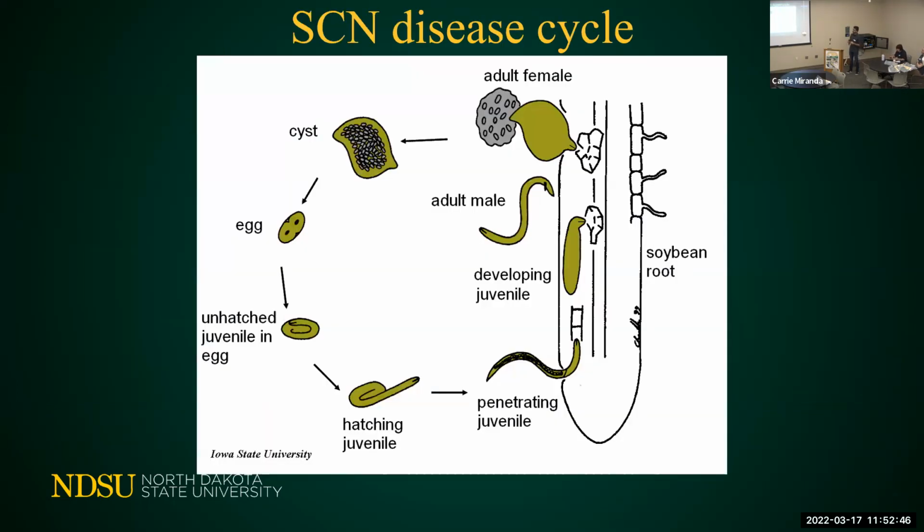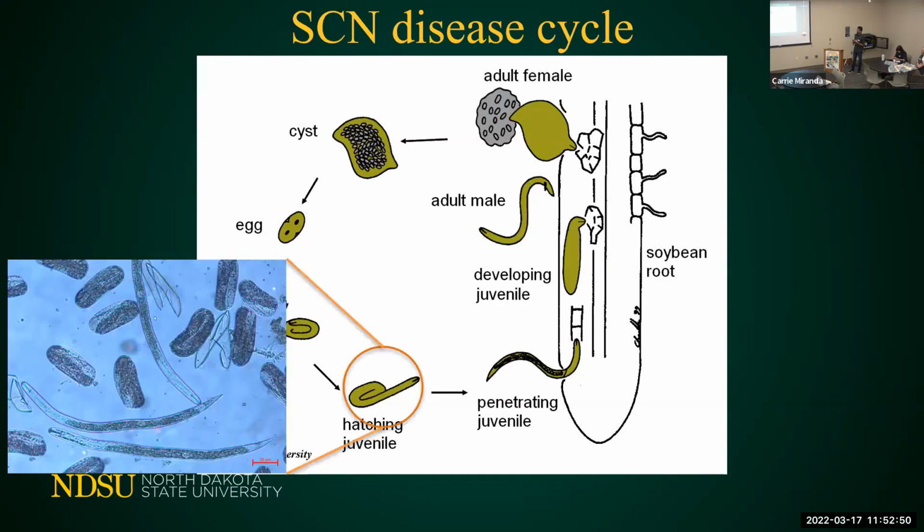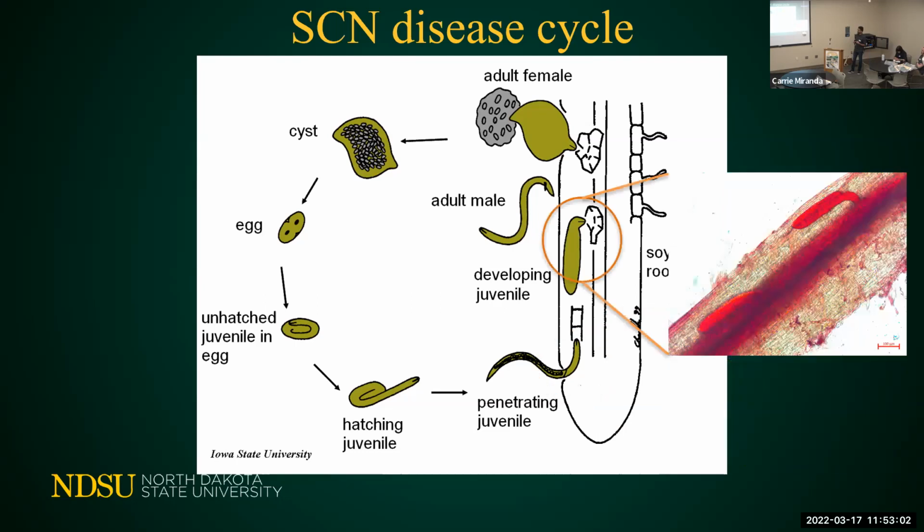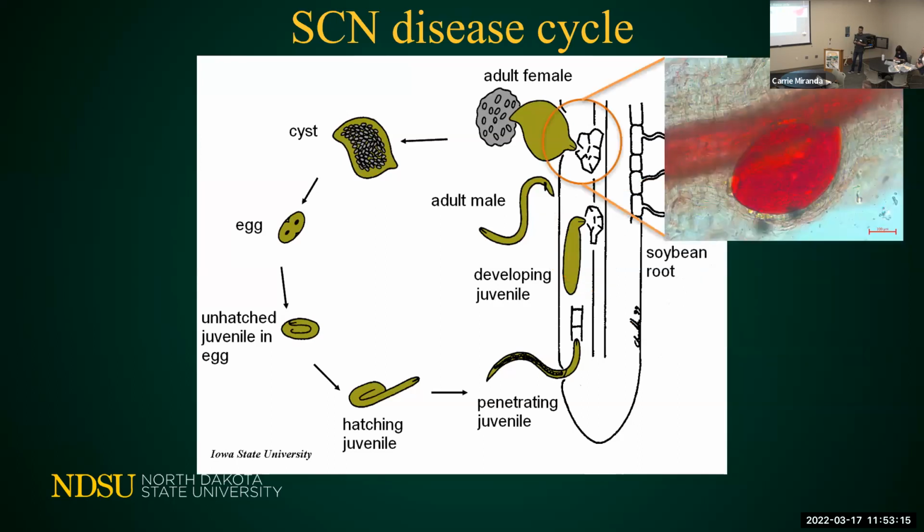So let's talk about the soybean cyst nematode disease cycle briefly. The disease cycle starts with the hatched juvenile, J2, the second stage juvenile, which penetrates the root of the host, goes inside, and starts feeding. When they start feeding, they find a suitable place and form a feeding site called syncytium. Once they start feeding, they don't move and become sedentary. After feeding, they grow in size and become mature and lemon-shaped.